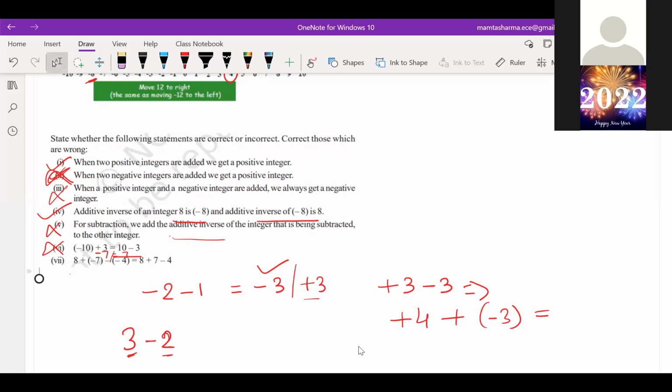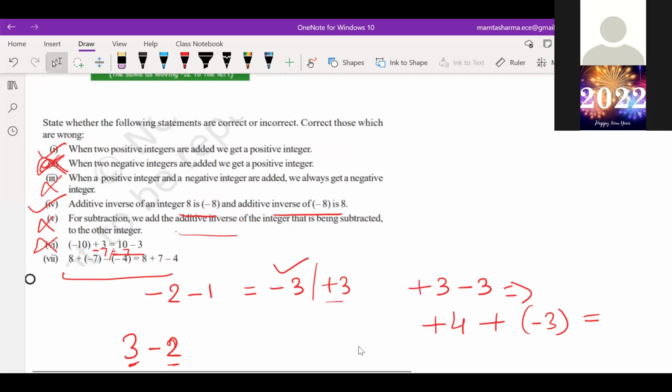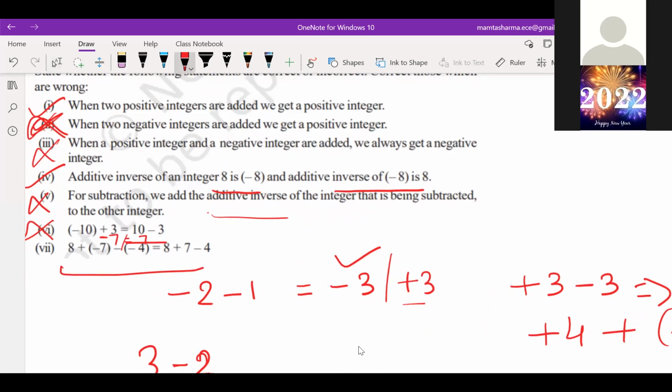Now, the next statement, is it true or not? False. Let's solve it. Minus into minus is plus. 1 plus 4 is 5.